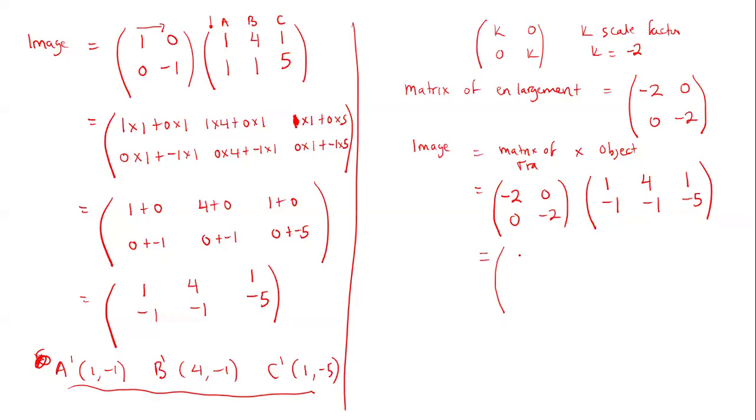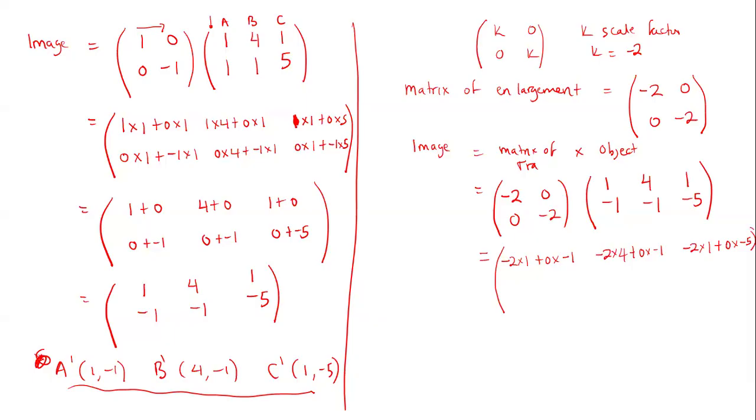So you multiply negative 2 times 1 plus 0 times negative 1, then you leave space for the next matrix: negative 2 times 4 plus 0 times negative 1. Then negative 2 times 1 plus 0 times negative 5.